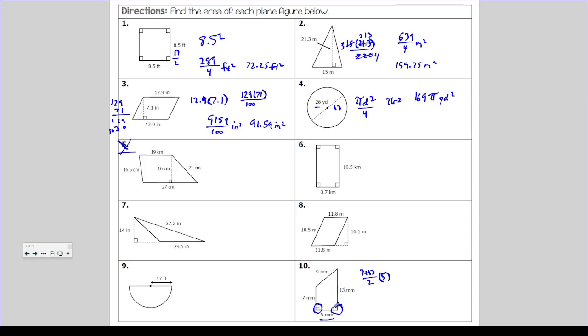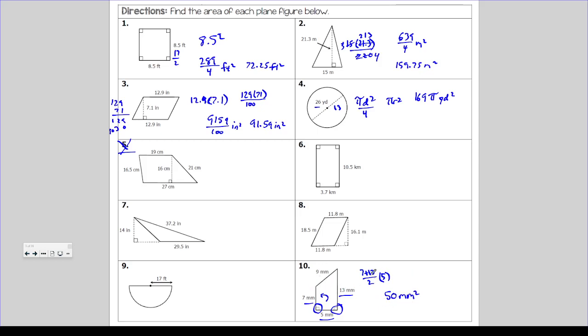So this thing is kind of rotated 90 degrees counterclockwise from our orientation of looking at 13 and 7 as the bases. So we have 7 plus 13 is 20, divide by 2 is 10, times 5 is 50. So we get 50 square millimeters. That one works out really nicely.